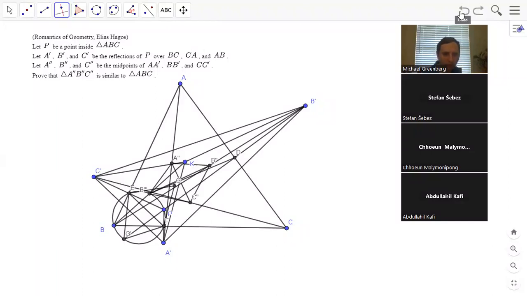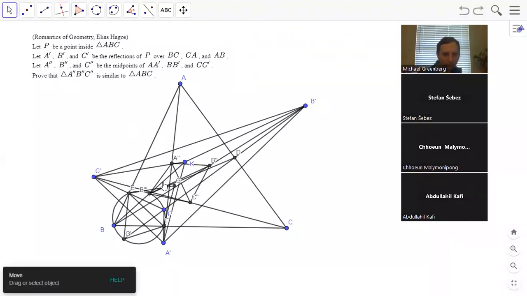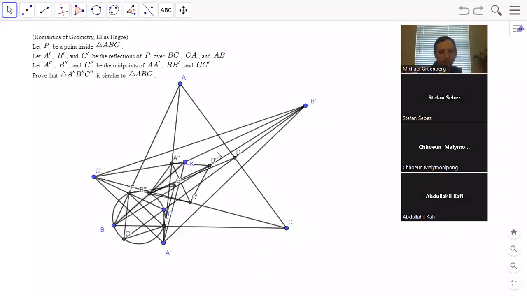So wait, are B triple prime and K collinear? B triple prime, K, and B? Yes. But what is B triple prime even? I forgot. Yeah, it's the reflection of B double prime over A double prime, C double prime.